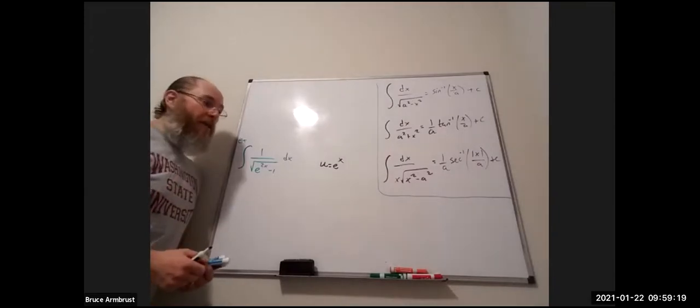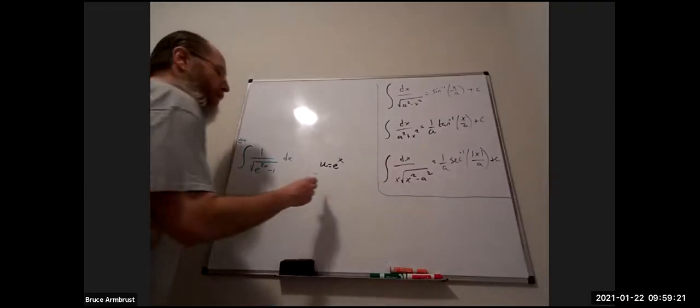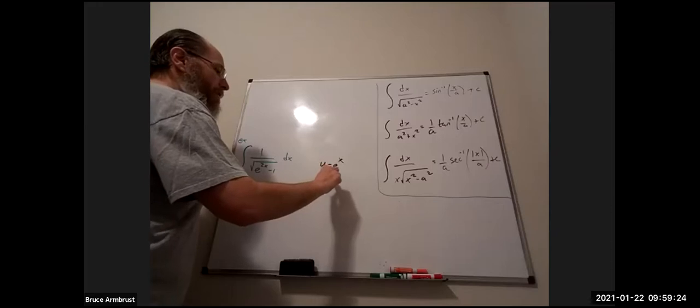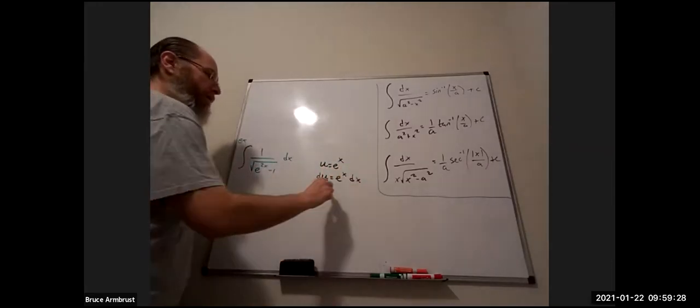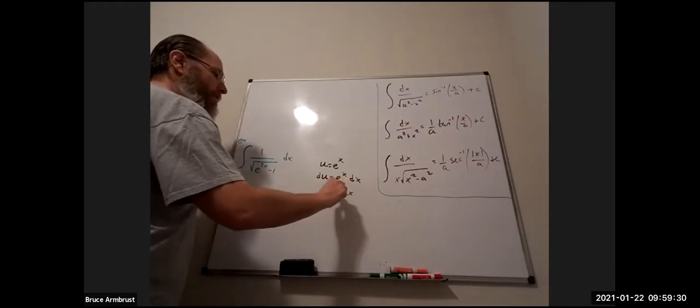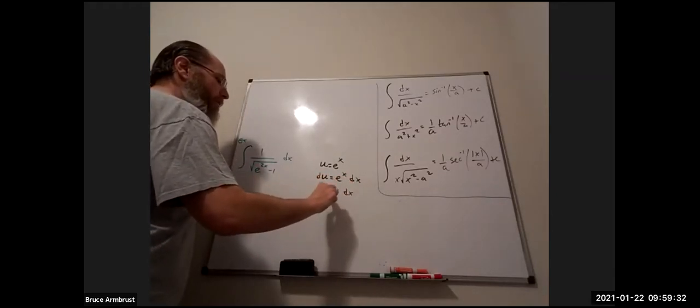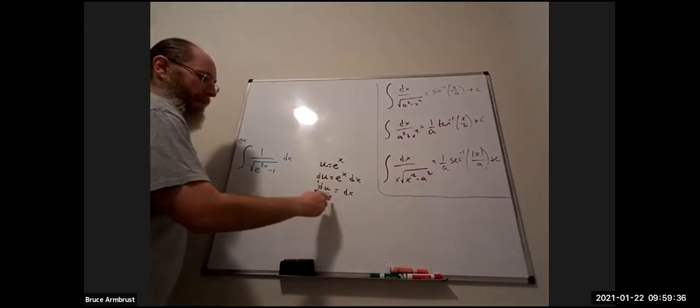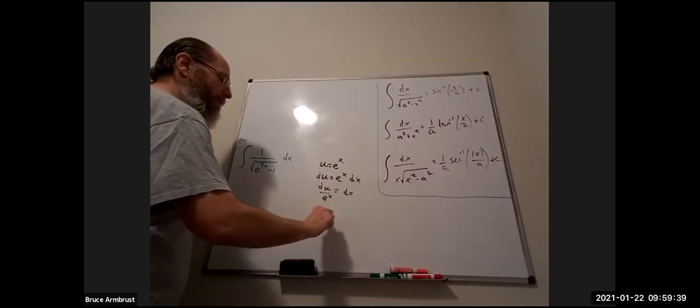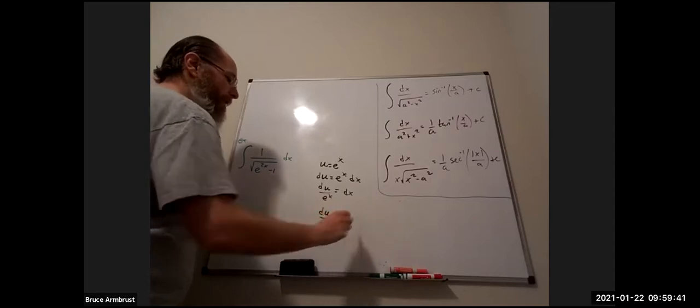But watch what happens if we let u equal e to the x. So then du is equal to e to the x dx. So dx is du over e to the x. And I'm going to go ahead and replace that e to the x with a u, because I know I'm going to want to do that anyway.